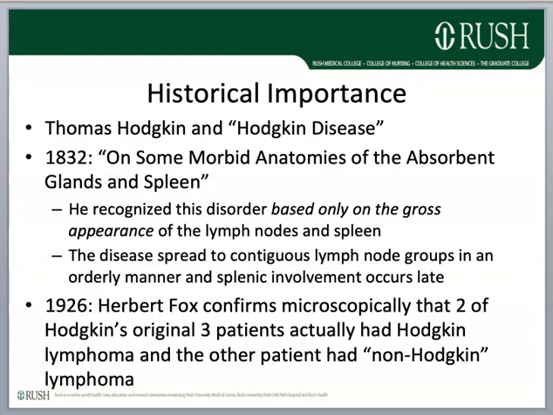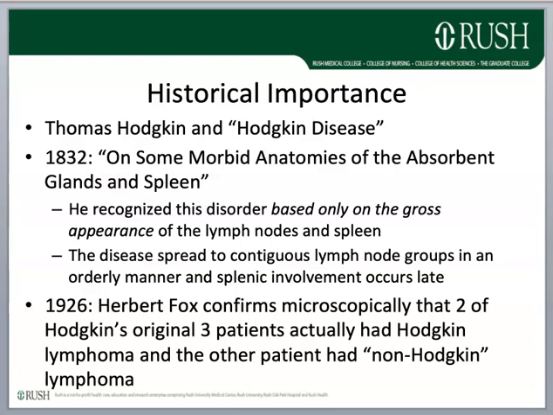What Thomas Hodgkin did was recognize, through clinical histories and postmortem findings of 7 patients who had enlarged lymph nodes and spleen, but without inflammation or other significant pathologic findings.